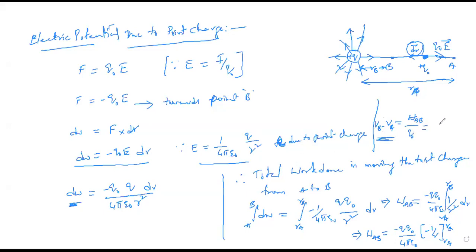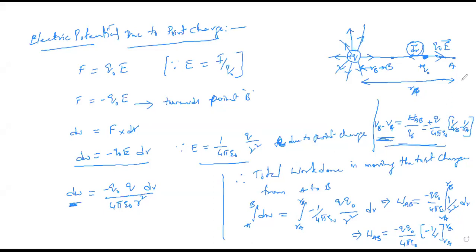This should be equal to Q by 4 pi epsilon naught into 1 by RB minus 1 by RA. I just substituted the limits RA to RB. And you may ask the question, sir, here minus is there and this minus is there, minus into minus becomes plus. So it should be plus Q by 4 pi epsilon naught, 1 by RB minus 1 by RA. So this is our final expression.